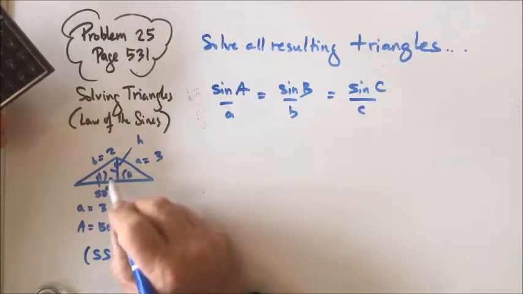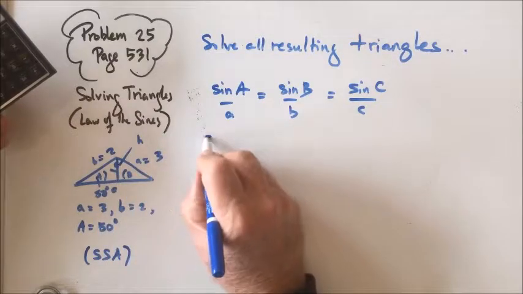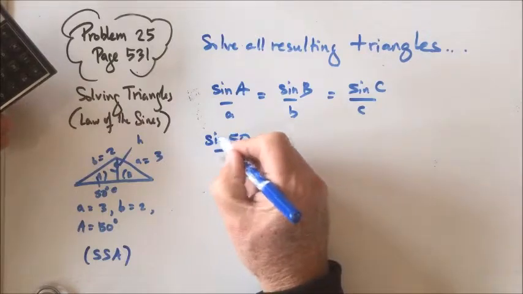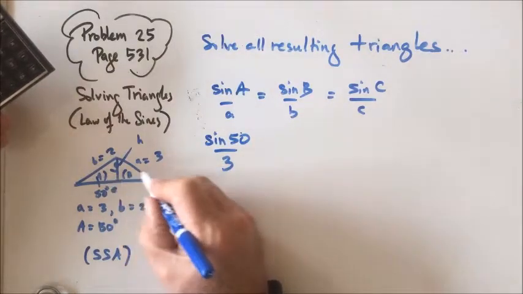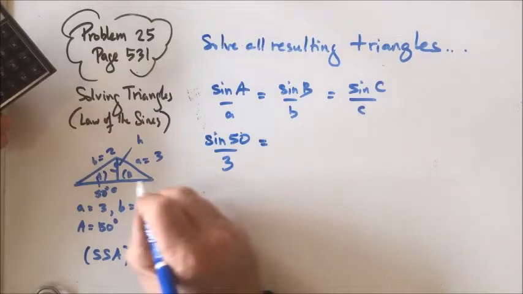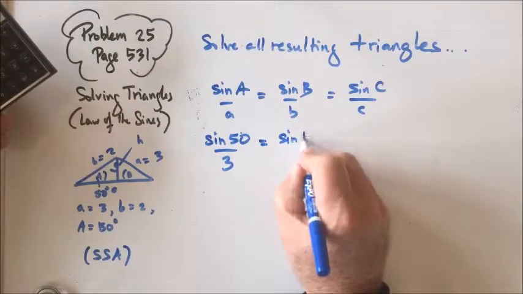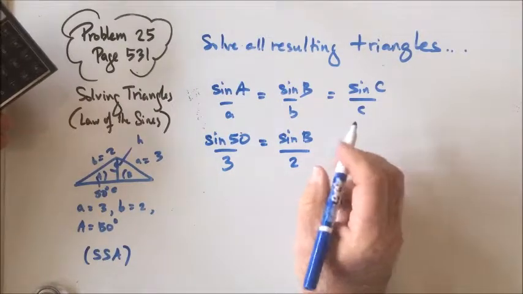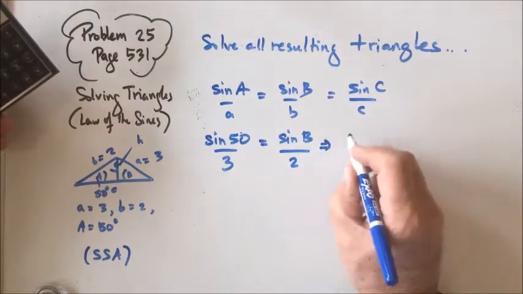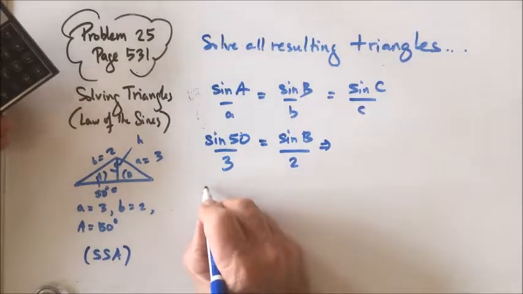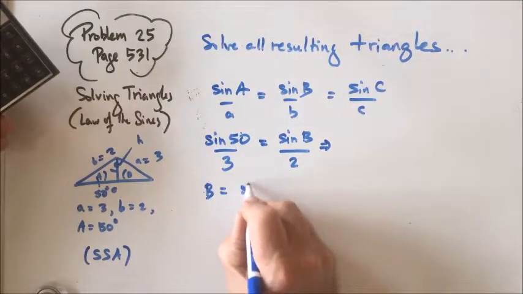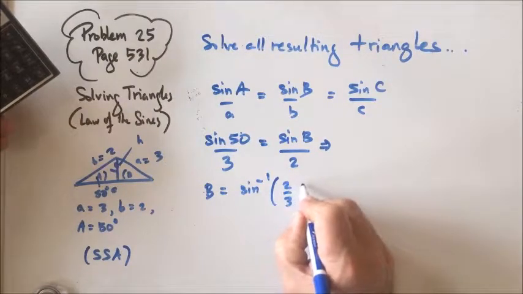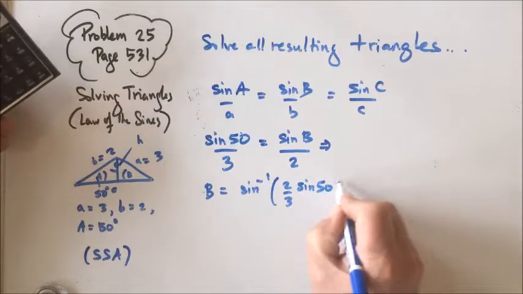So in other words, this ratio, sine 50 over 3, which is sine A over A, is equal to the sine of B over 2. Which says that I can find B as the arc sine of the quantity 2/3 sine 50.